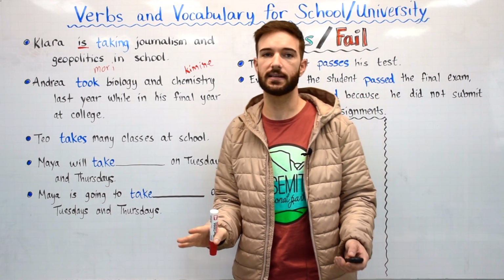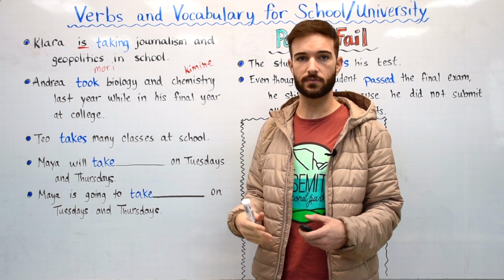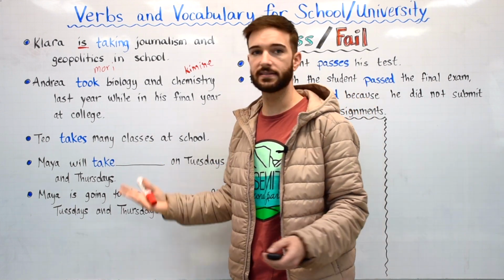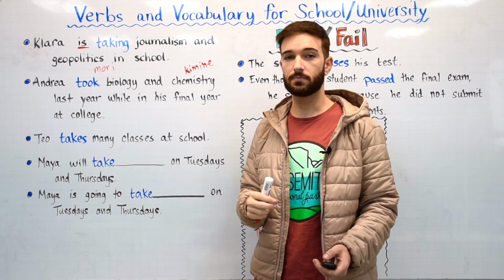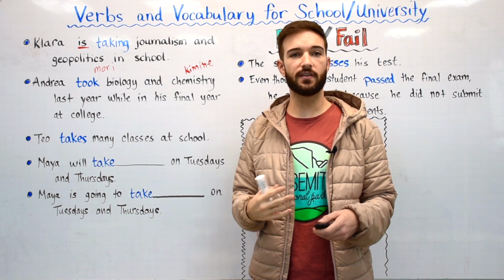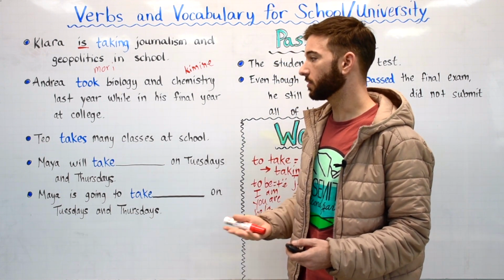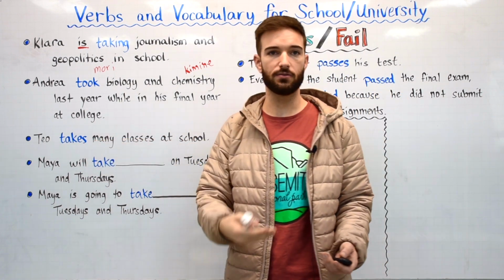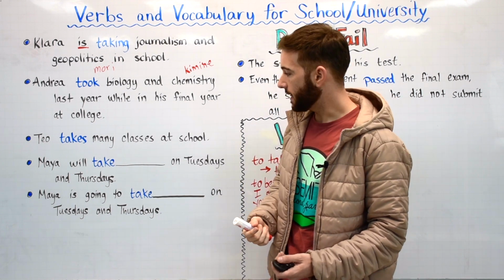Teo merr shumë klasa, mësime, në shkollë. Klasa or mësime, lessons. Në këtë shembull, folja nuk është në kohën e tashme progresive, është vetëm në kohën e tashme të thjeshtë. It's just in the normal present tense. To take. I take, you take, he, she takes, we take, and they take.